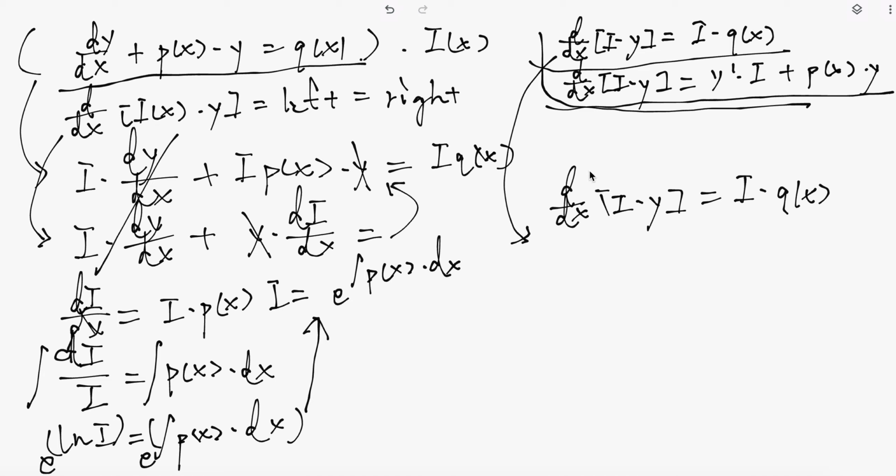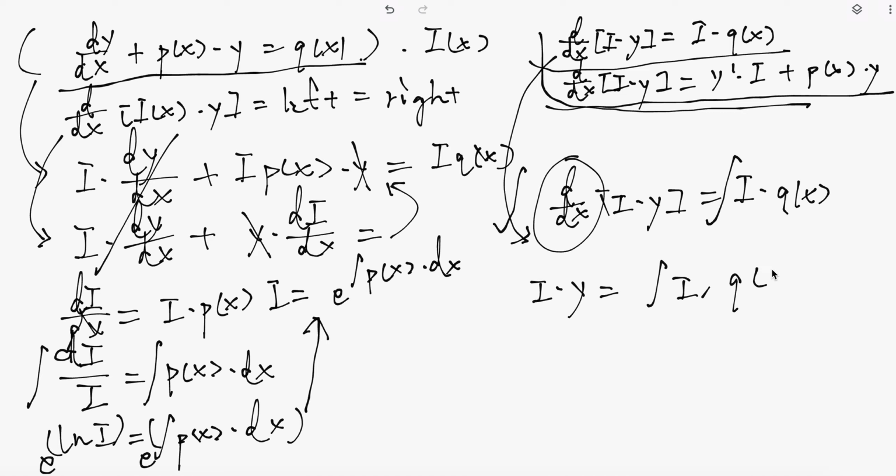To eliminate the derivative sign here, we can add an integral sign on both sides of the equation, so that I times y is equal to the integral of I times Q(x). We divide both sides of the equation by I, so we can get a result for y, which means y is equal to I to the power of -1 times the integral of I times Q(x). Okay, don't forget the dx here.